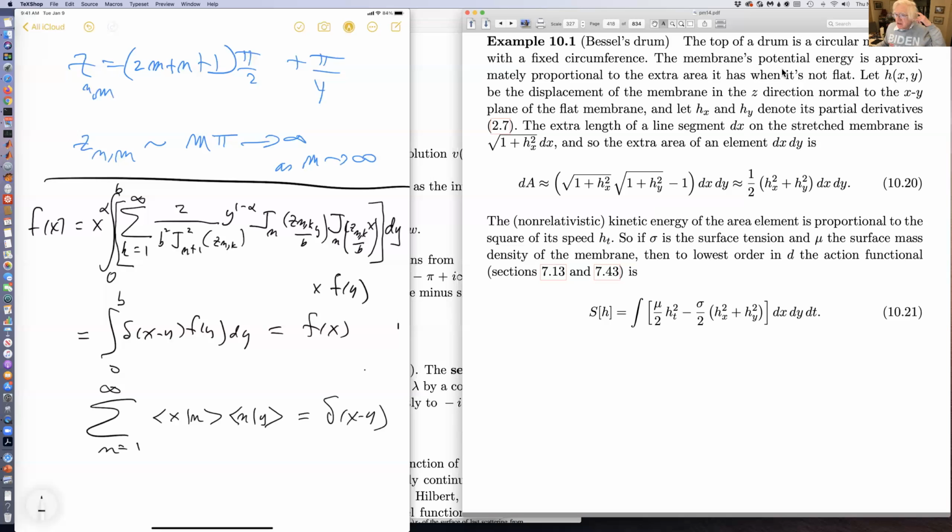But the potential energy of the membrane is approximately proportional to its area. And when it's displaced, the area is somewhat greater.